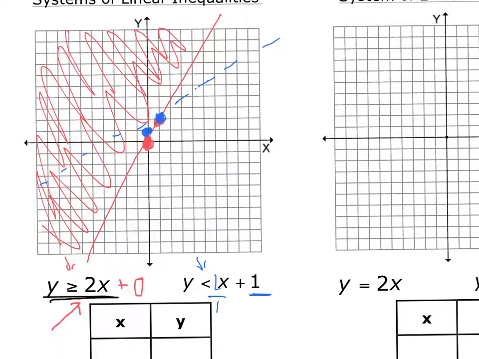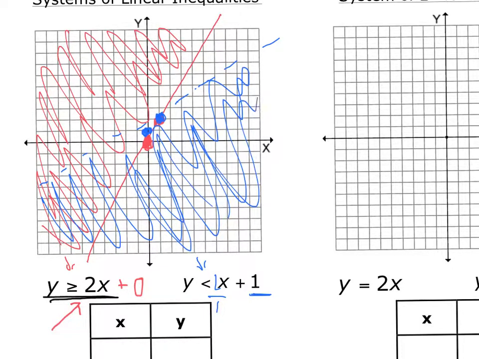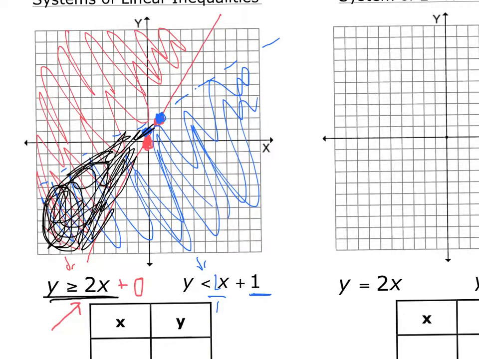And then we need to shade everything that's less than the line, so let's shade everything below. Well, what's the only area that's shaded twice? If you go back and look closely, this region right here is the solution set for your system of inequalities.